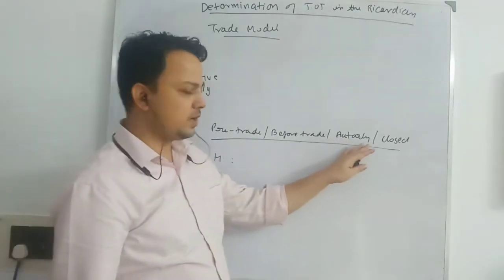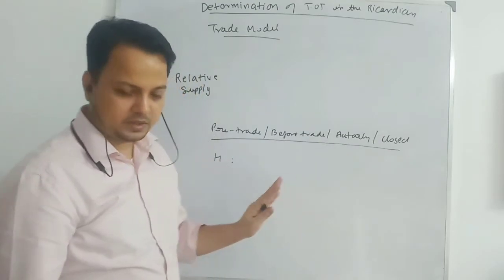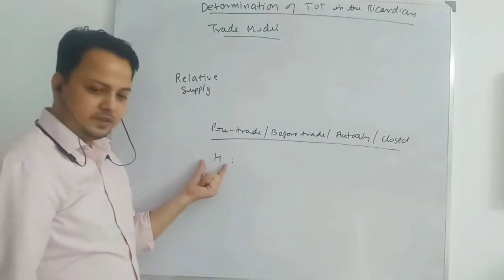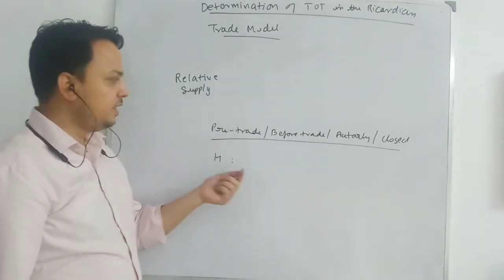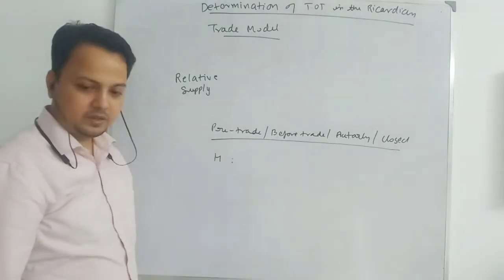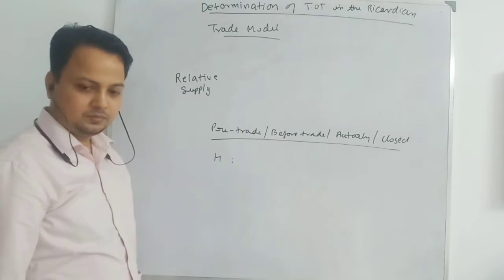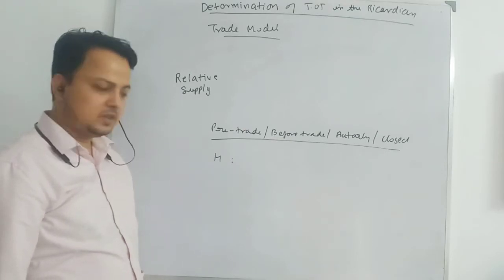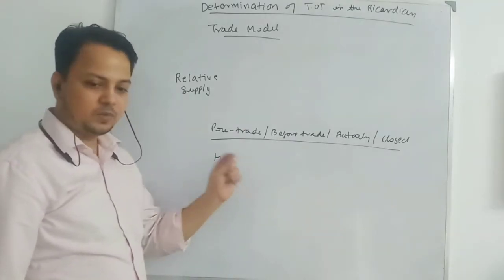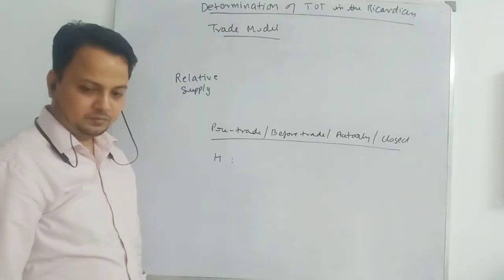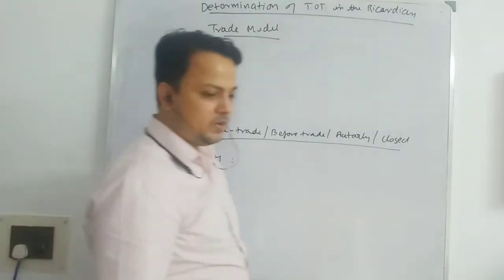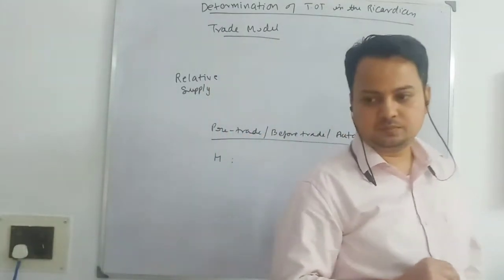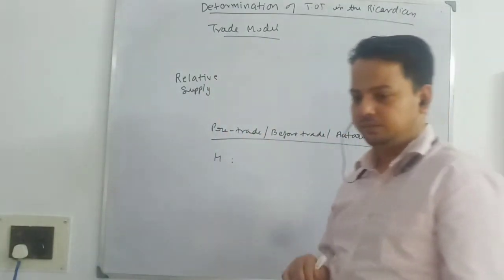Home country is what we are discussing. How is this relative price or terms of trade determined? Anyone remember? How are these terms of trade at home country determined?